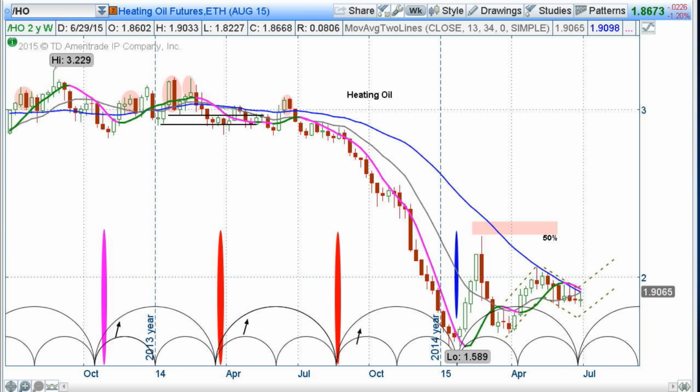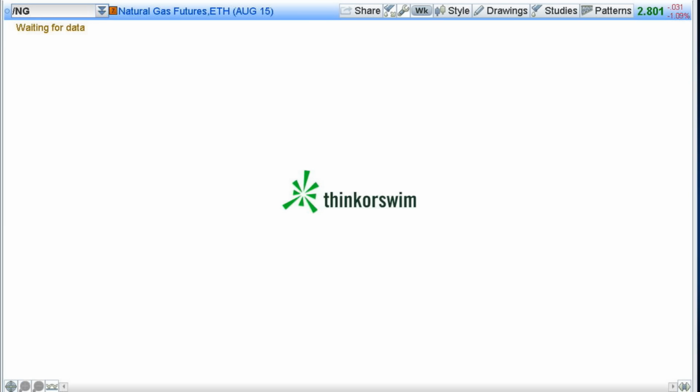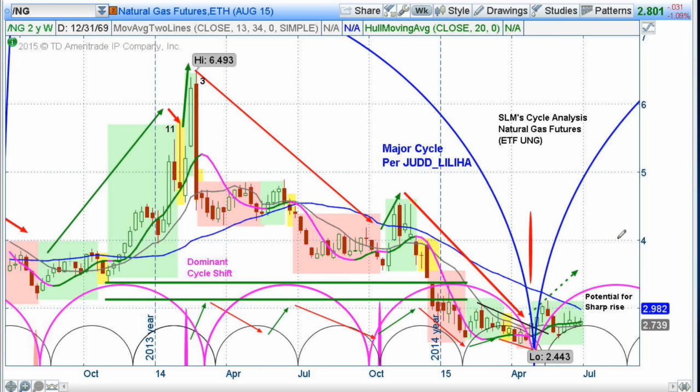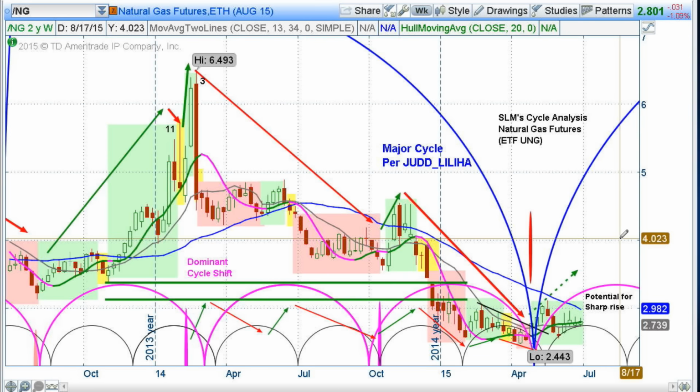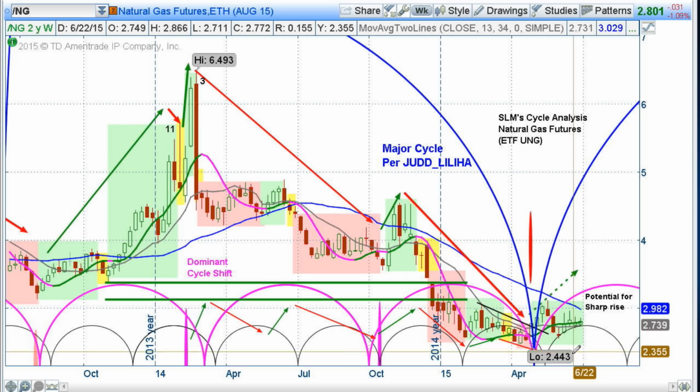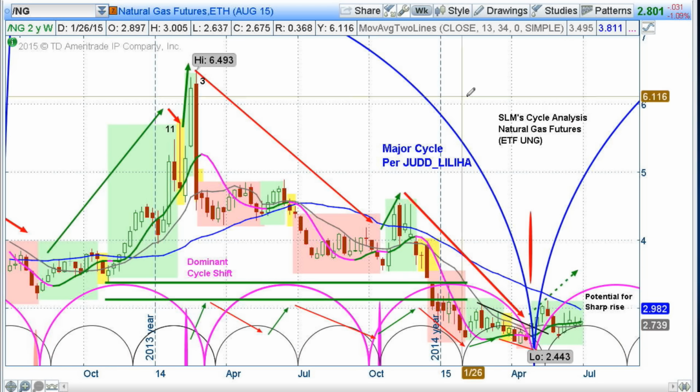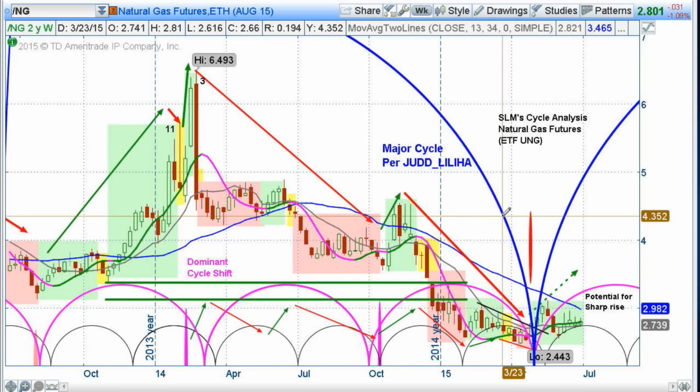We're going to switch now over to natural gas /NG, and you will see that coming up right over here. Natural gas. Let's get that up. So here we are. You can see this big blue line over here.